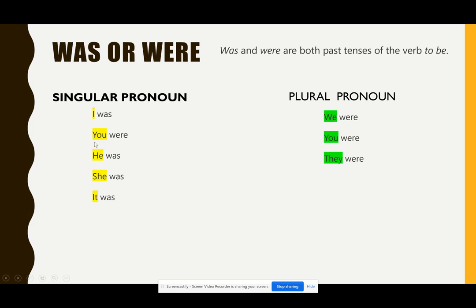I was, you were, he was, she was, it was. Then if we have plural pronouns, we're going to use were. Notice over here in the singular pronouns, the only time we use were is with the word you, because you can be either singular or plural. We were, you were, they were.